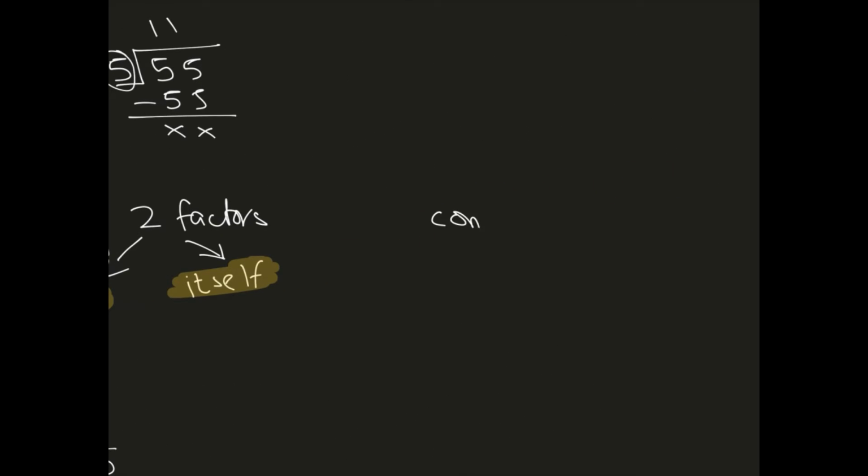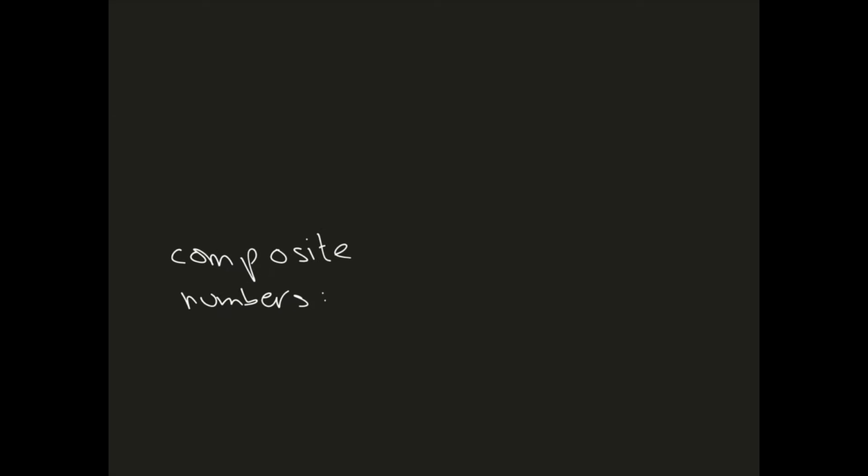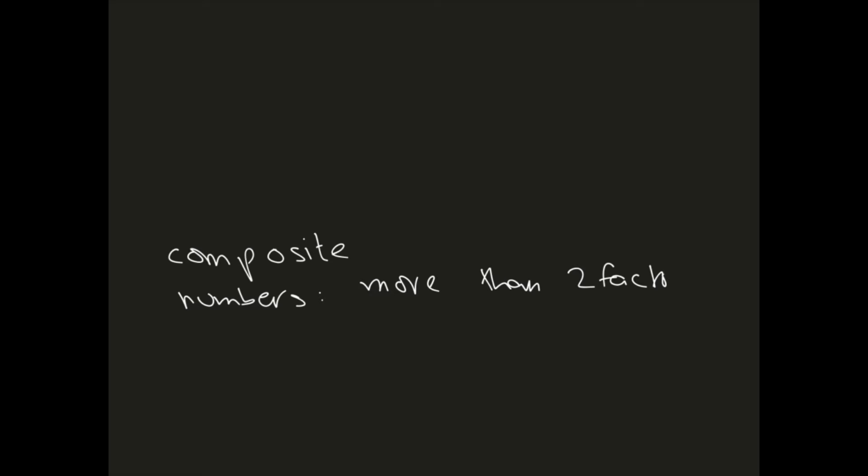But the numbers which are not prime are known as composite numbers. They have additional factors, more than two factors. So their factors are 1, itself, and some other number.